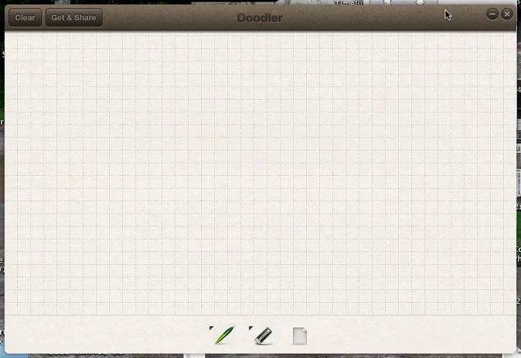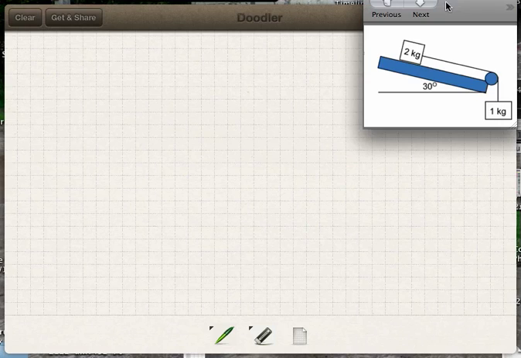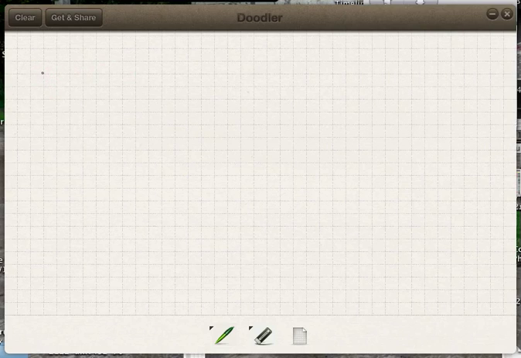Okay, so question number 3 is a system of two masses we see up here in the right corner. 30 degrees and 2 kilograms on the incline. So if we were to draw this, we have 30 degrees, we have 2 kilograms.